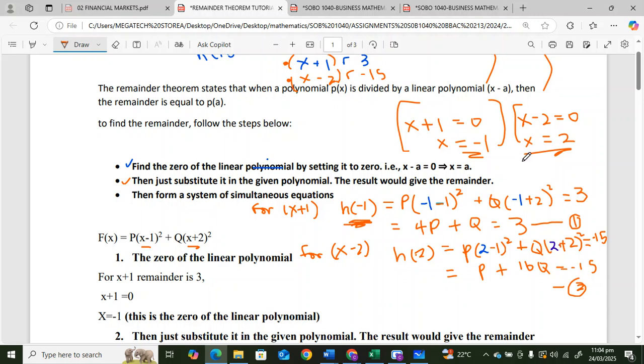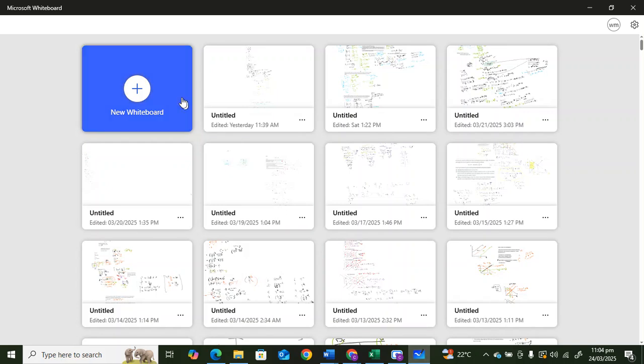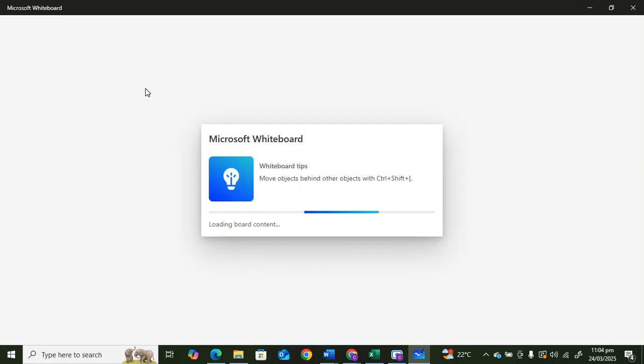These three is just this remainder we're given here, and there's no Q to multiply it with. Okay, so we now solve the simultaneous equations to get our values.